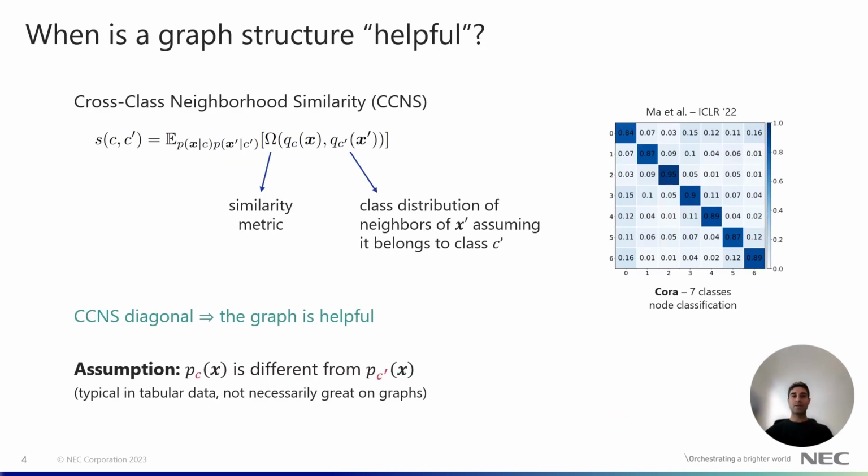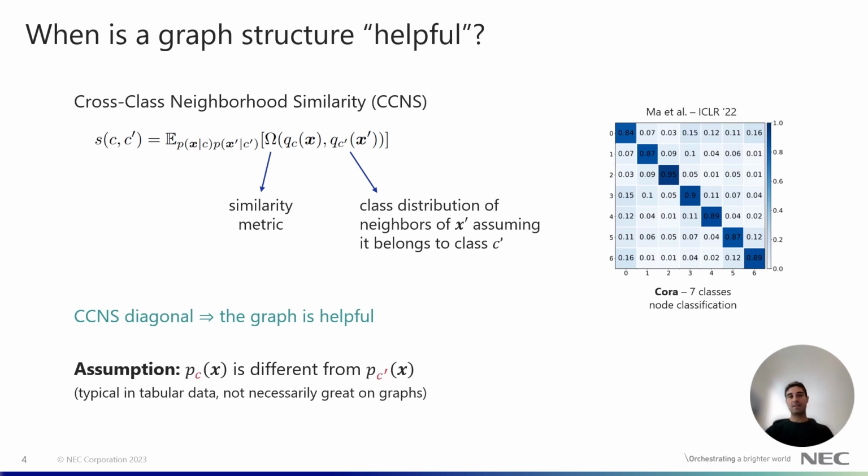To answer this question, we first need to understand when a graph structure can be considered helpful for the task. For this reason, we consider the cross-class neighborhood similarity, or CCNS, which was introduced by Ma et al. at ICLR 2022.